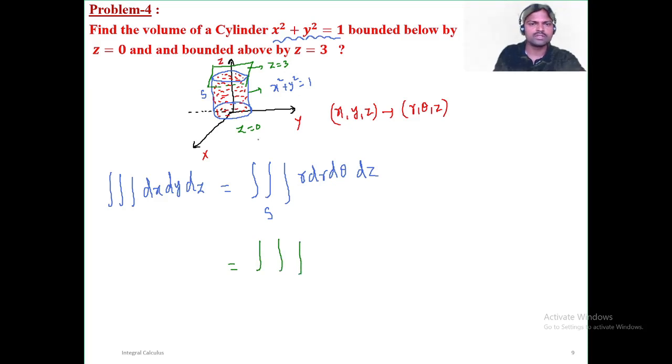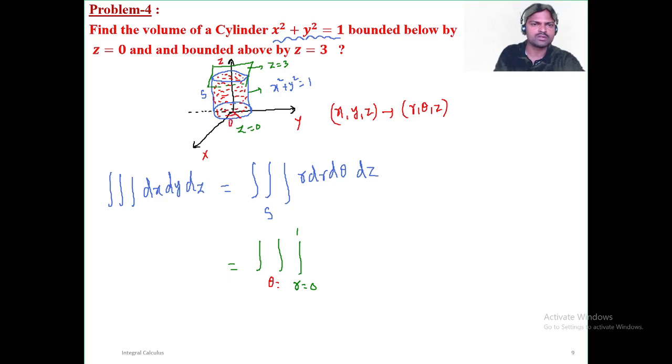Now we need to generate the limits. For this cylinder, r varies from where to where? The radius of the cylinder is 0 to 1, because the cylinder equation is x squared plus y squared equals 1. Next, the theta limits. Theta is the angle between the r axis and the positive x axis.